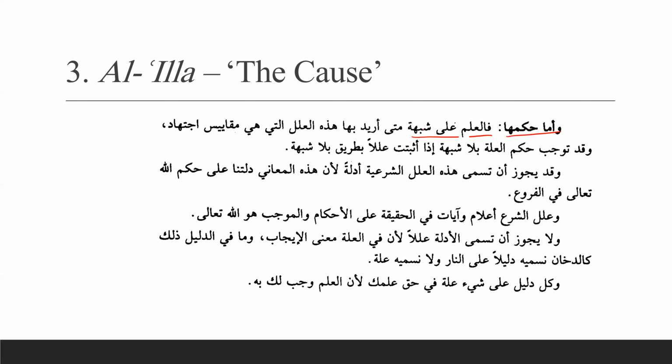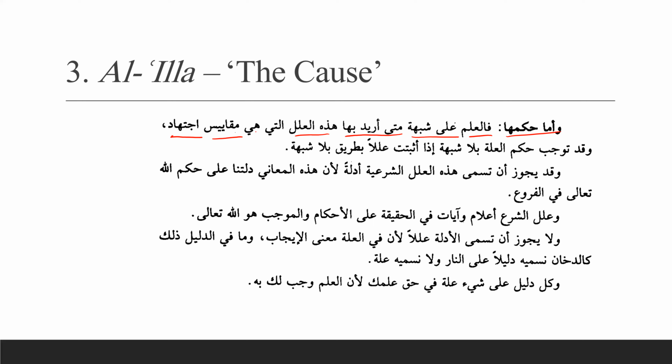When does it give us a probable knowledge? When we use it, as we normally do, when we use these illas to mean those which are extracted through extreme human effort and careful consideration. Like we saw in the last example, some said wheat has usury because it's a food item, some said it's because it's sold in volume.